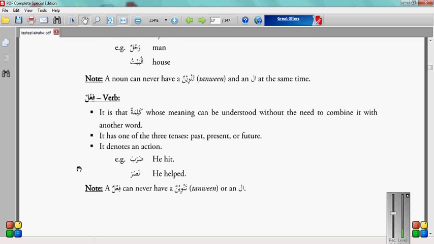Daraba, he hit. You can imagine someone hitting someone. And this one's connected to the past, so it's connected to tenses, and this is he helped. This is also connected to the past. Okay, he helped. He hit, he helped. And a fi'l or a verb can never have tanween or an al. Okay, so notice this does not have al or tanween.